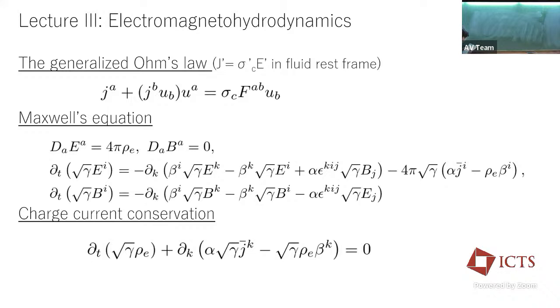Okay. By eliminating this expression from both, finally J bar i is beta.